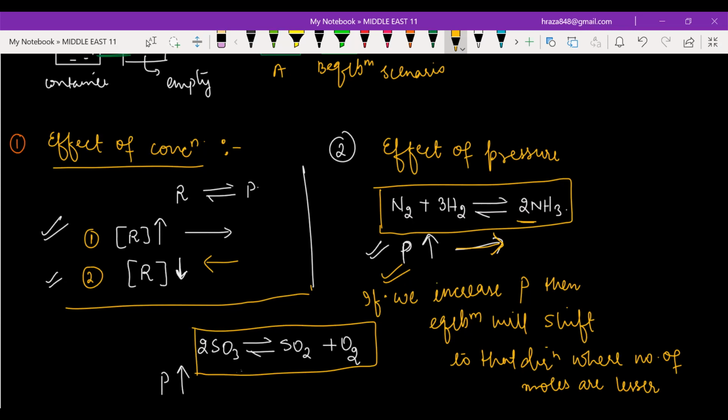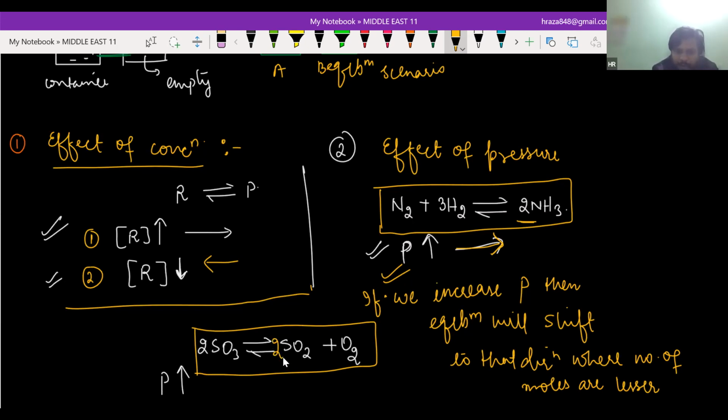It will be left to right or right to left. Right. Okay, let me balance it. It is a wrong equation. Now it is balanced. It wasn't balanced earlier.